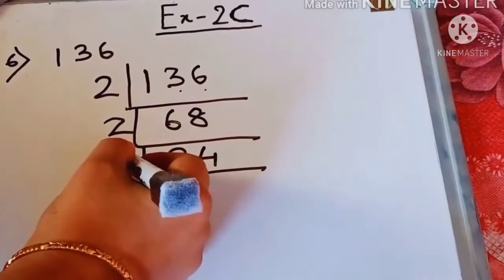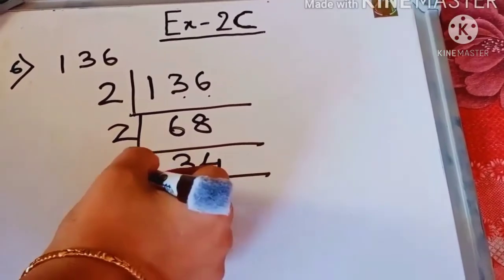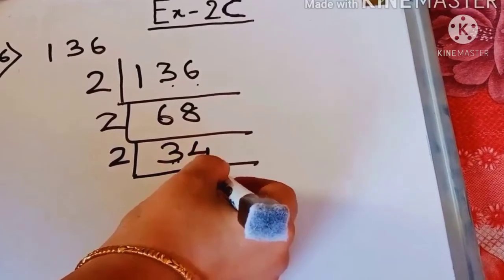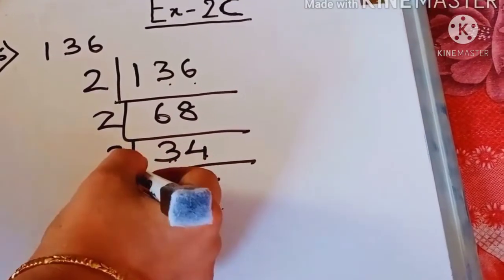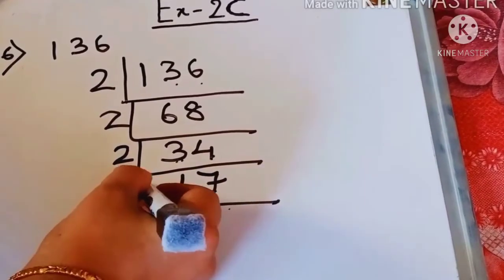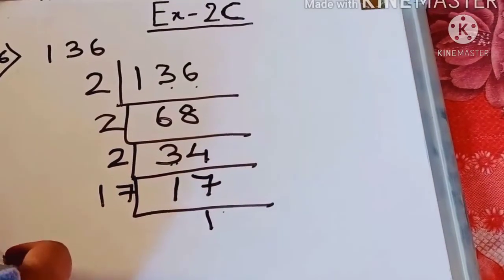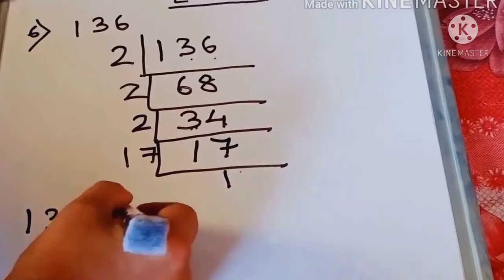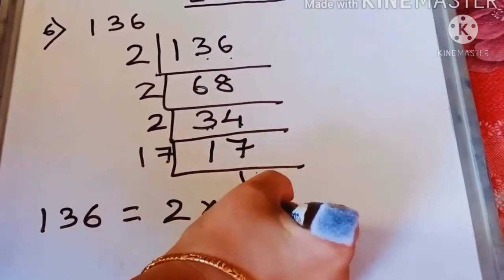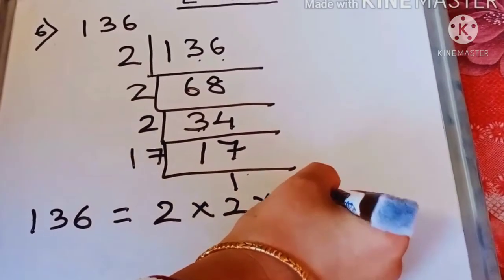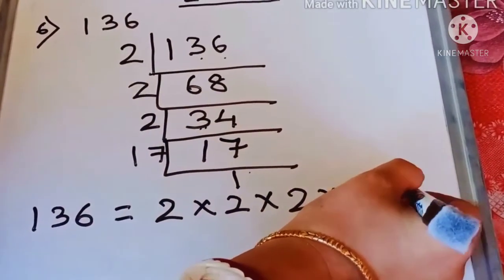Again it will be divisible by 2. 2 1s are 2. 2 7s are 14, and we know that 17 is a prime number, right? So 17, 1 17 is 17. So 136 can be written as 2 into 2 into 2 into 17.